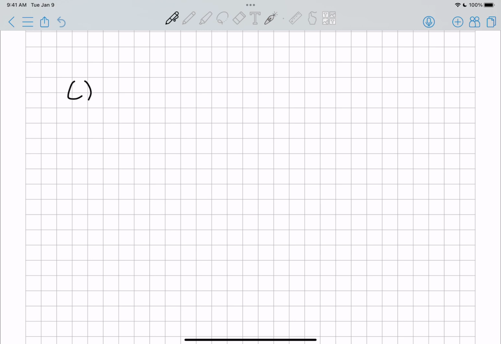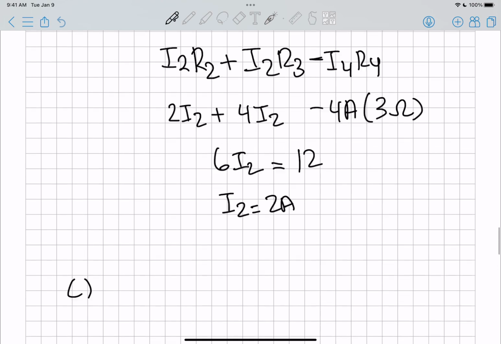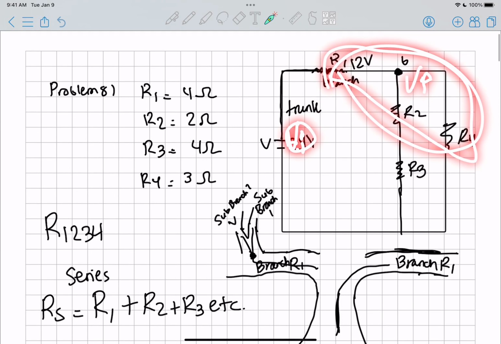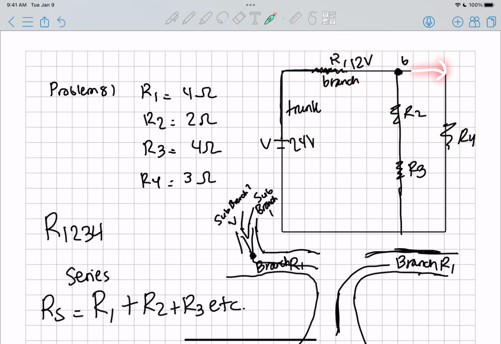Anyway, I'll just move on to C. C says use the junction rule to determine the current I. Be explicit about your choice of junction. If we have determined that I2 is 2 amps and I4 is 4 amps, then by the idea of the current splitting off, this is 4 amps going up here, 2 amps coming out there.